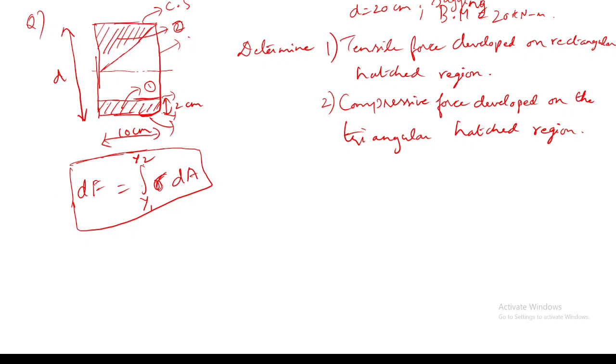So the total force is the integration from y1 to y2 of dF, which is equal to the integration from y1 to y2 of sigma dA. So how can I proceed with this?